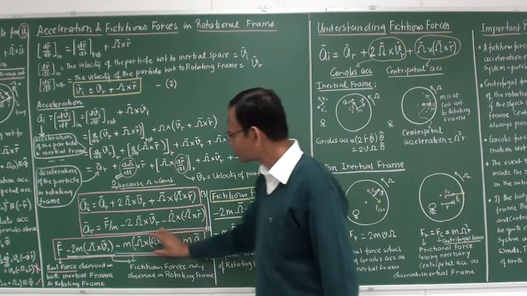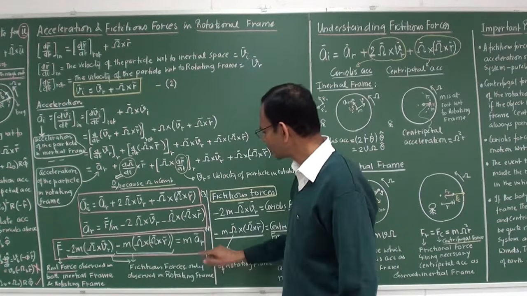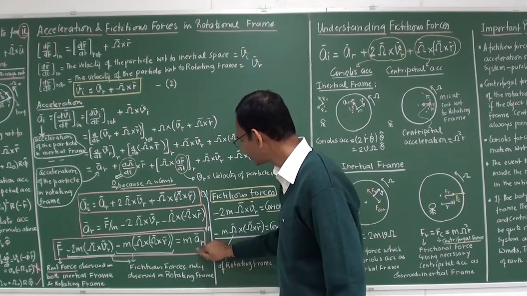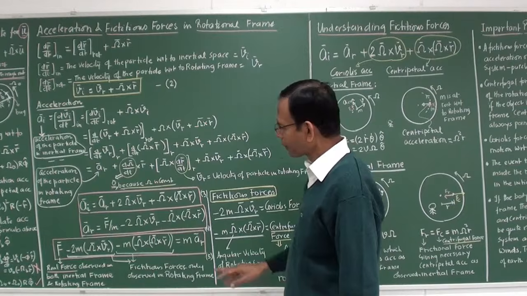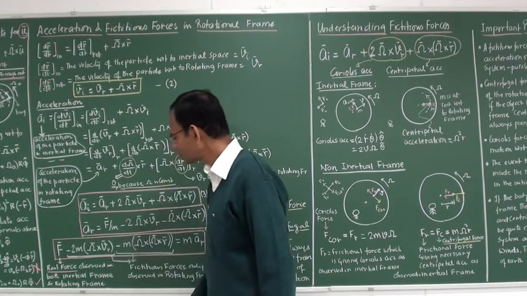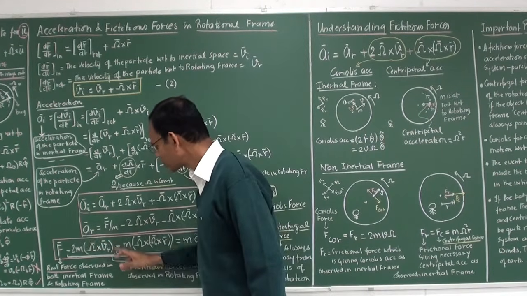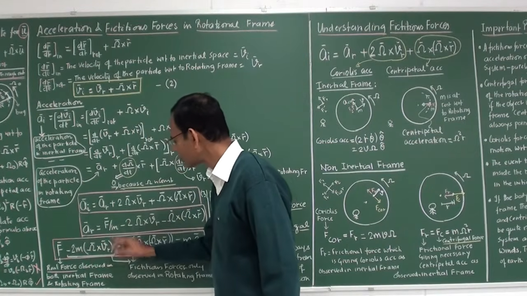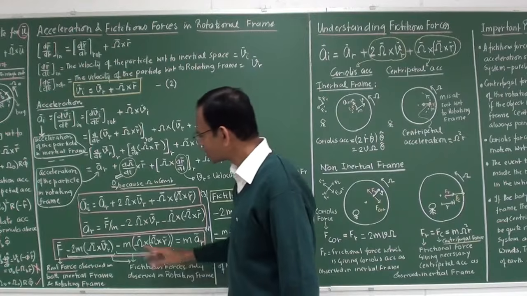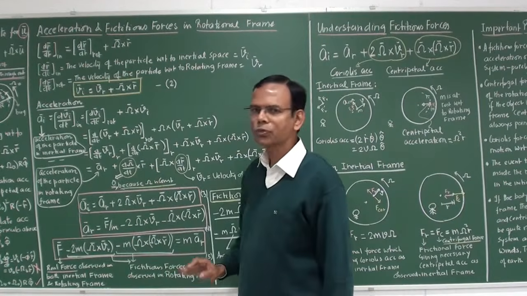Now this is also a very, very important equation which we need to understand. So this force is a real force. This is in both the frames. This particular expression, minus 2m omega cross Vr, is known as the Coriolis force.